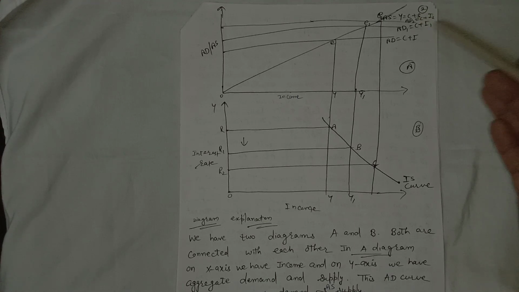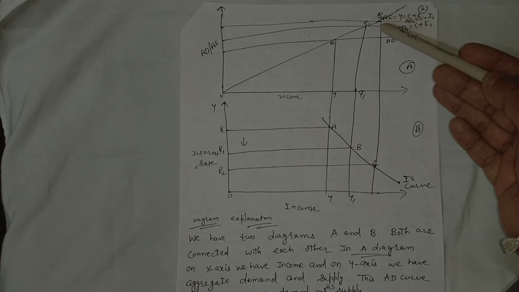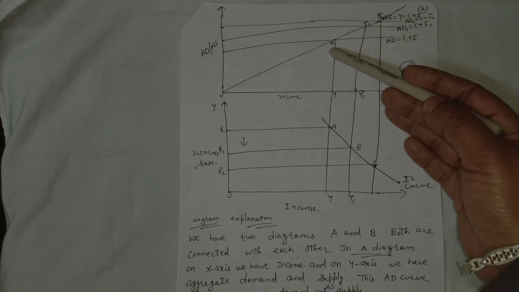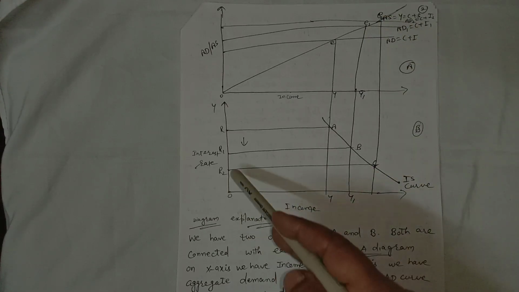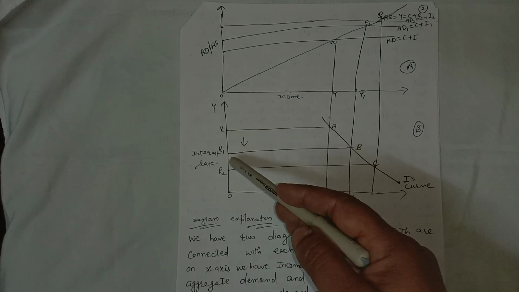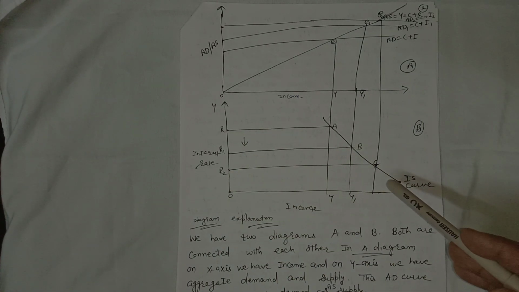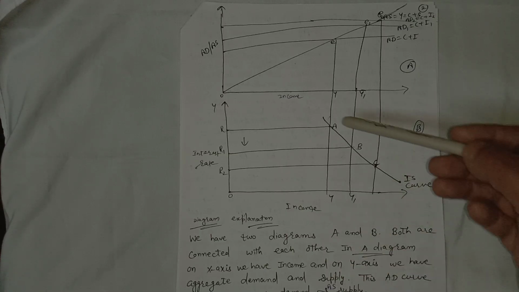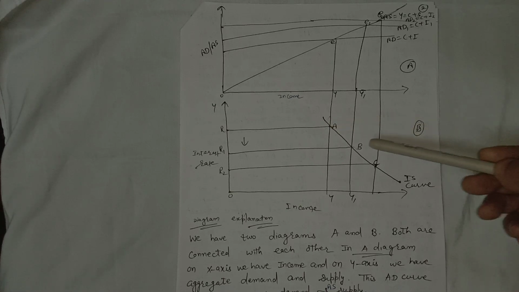Now our new consumption and investment is C2 plus I2. Our new equilibrium point moves from E to E1, now E2. Here the interest rate falls from OR1 to OR2, and the new equilibrium point is C. This way we have three equilibrium points A, B, C.